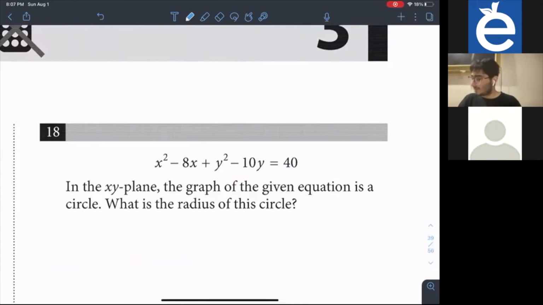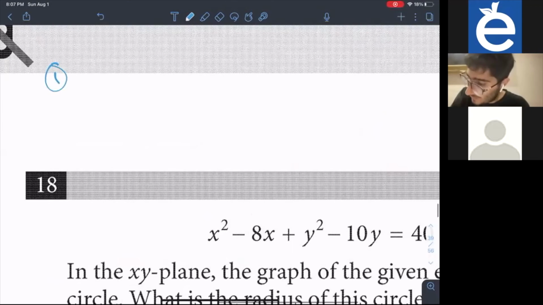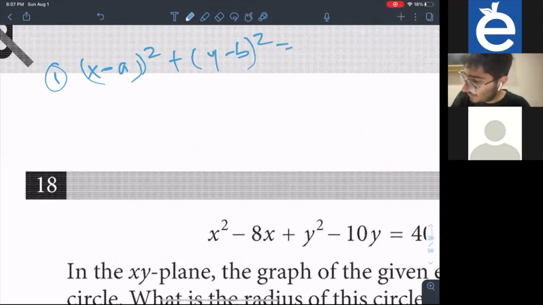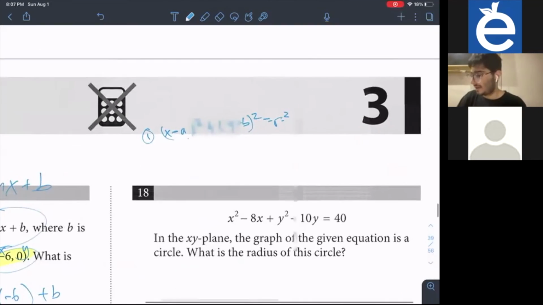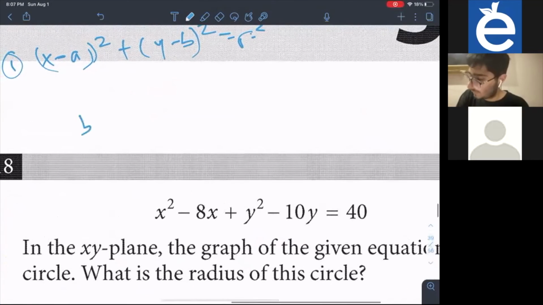Question 18. In the xy plane, the graph of the given equation is a circle. What is the radius of the circle? Okay, so they give us the expanded form. The first step would be to have it in the form of x minus a squared plus y minus b squared equals r squared. So we first have to use b over 2 squared.